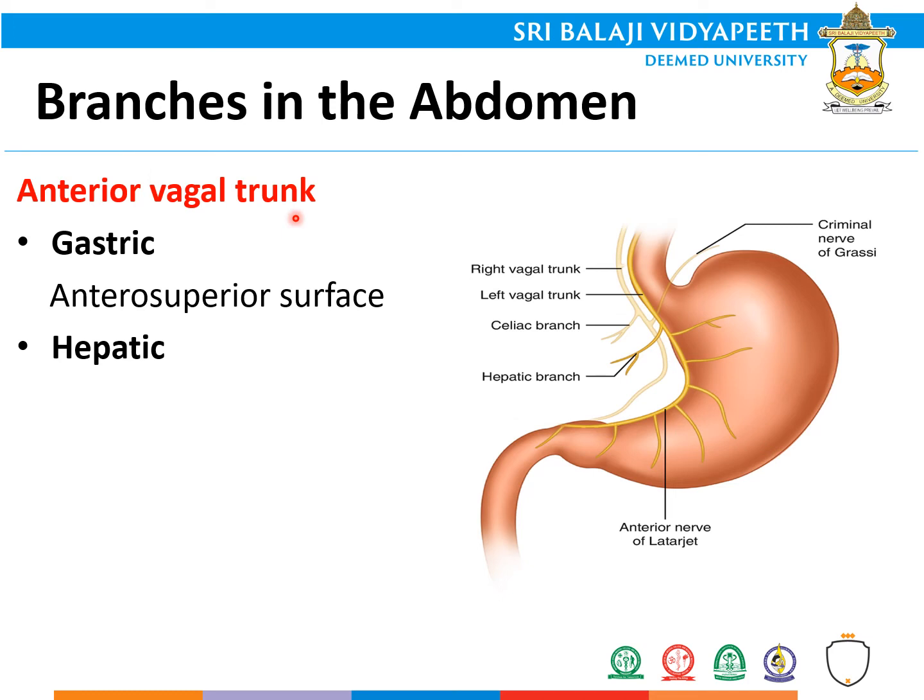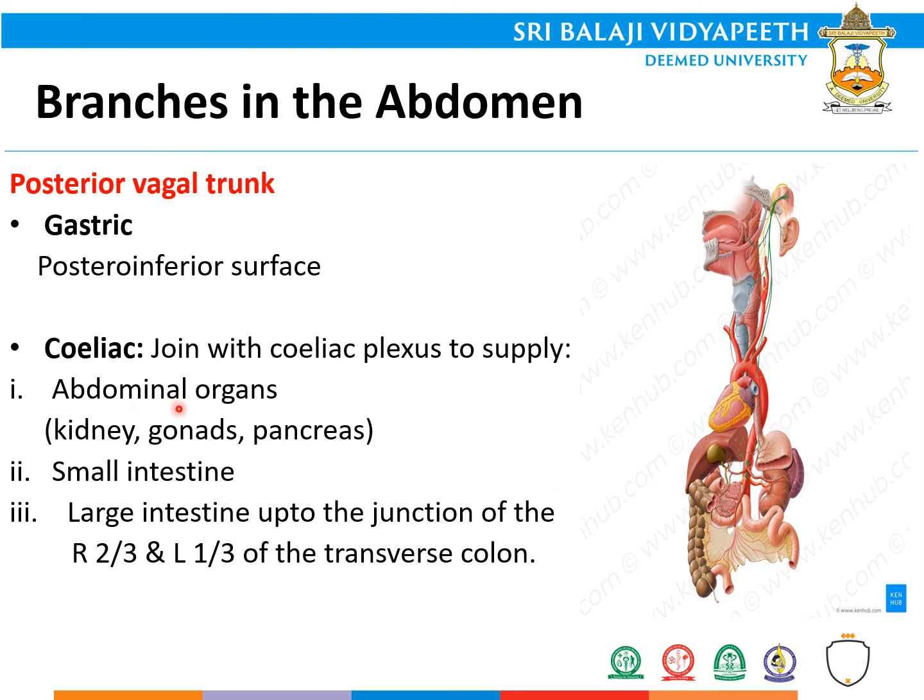Now, the anterior vagal trunk gives rise to a gastric branch which supplies the anterosuperior surface of the stomach, and the larger branch of the gastric branch is what is called the nerve of Latarjet, and apart from that, it also gives rise to a hepatic branch. The posterior vagal trunk also gives rise to the gastric branch, which supplies the postero-inferior surface of the stomach, and the larger branch of this is also called the nerve of Latarjet.